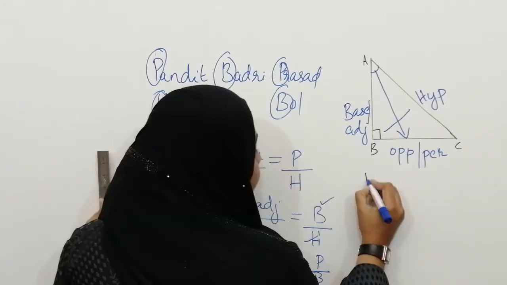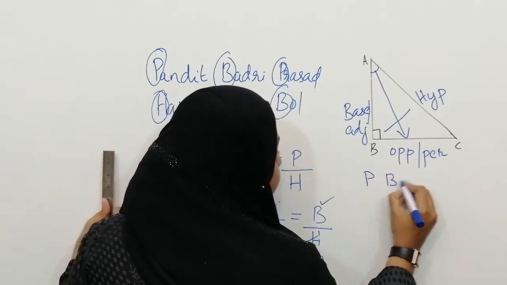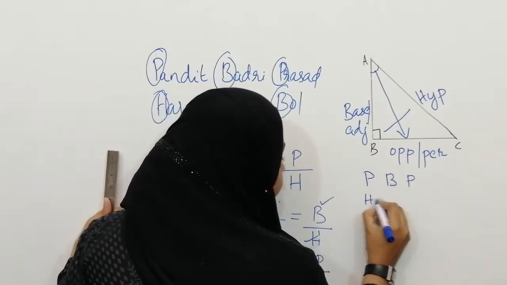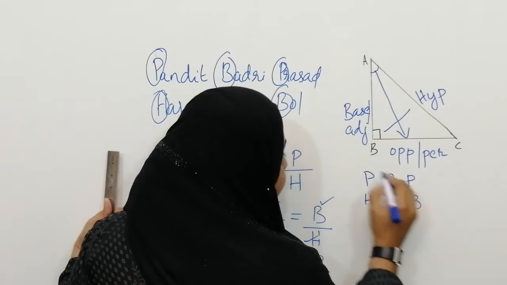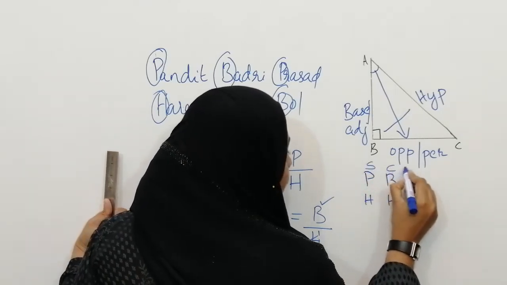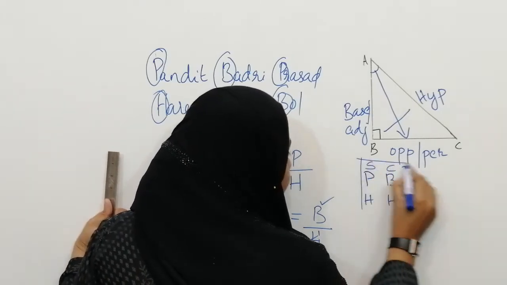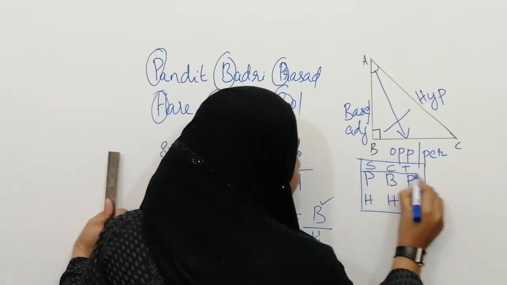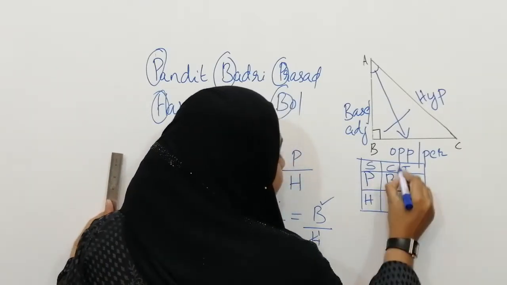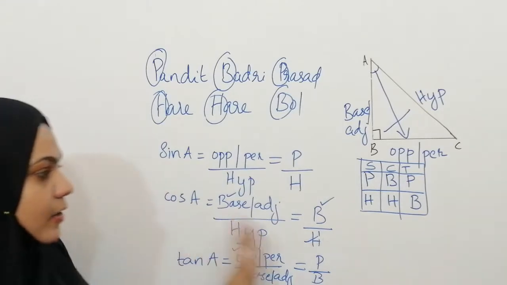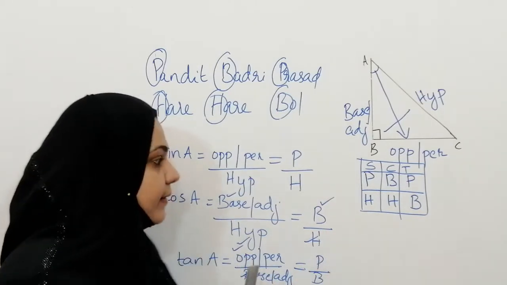So here you can write the first letters of Pandit, Badri Prasad, Hare Hare Bol: sine, cos, tan. So this is our trick. Before starting your questions, you can write this on the side of the paper.